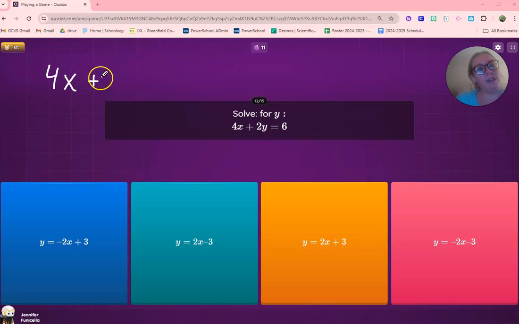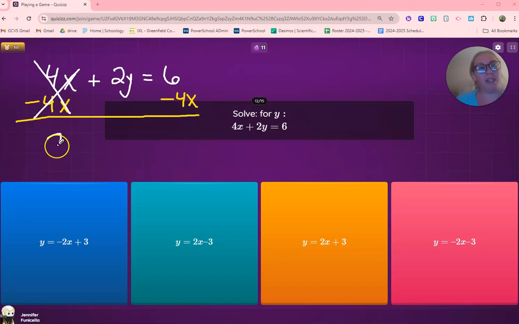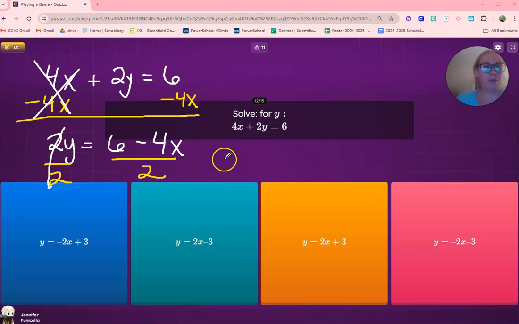4x plus 2y equals 6, and we're solving for y. So first thing we're going to do is move this positive 4x to the other side of the equation. 4x minus 4x is 0, so we have 2y equals 6 minus 4x. Then we're going to divide both sides by 2. 2 divided by 2 is 1, so we're left with y equals 6 divided by 2 is 3 minus 4x.